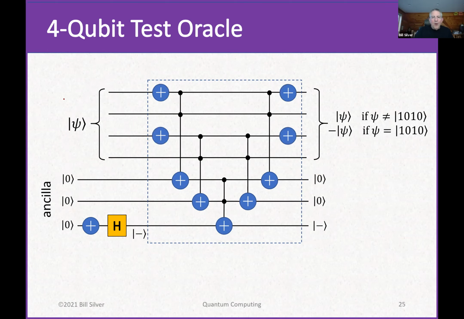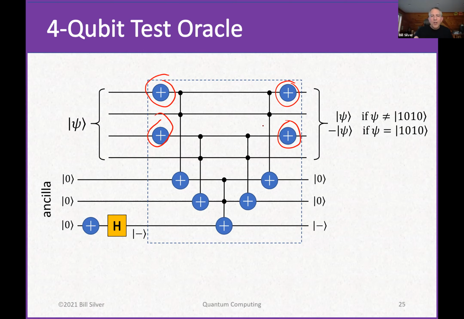All right. Now, let's say that I wanted to mark a different state. Let's say that I wanted to mark not the state 1, 1, 1, 1, but the state 1, 0, 1, 0. Well, the way to do that is to stick a NOT gate where you want the zeros to be on the input and on the output, like this.